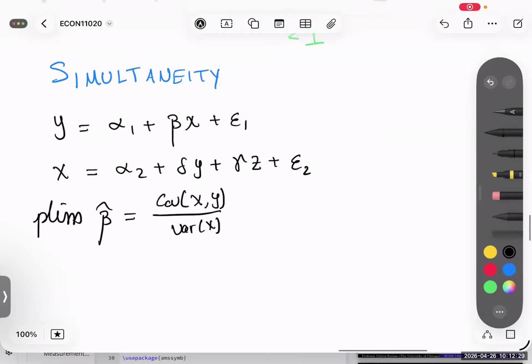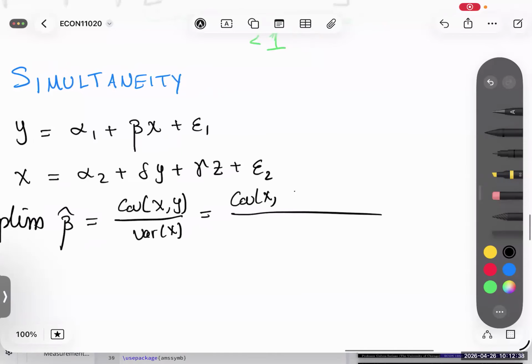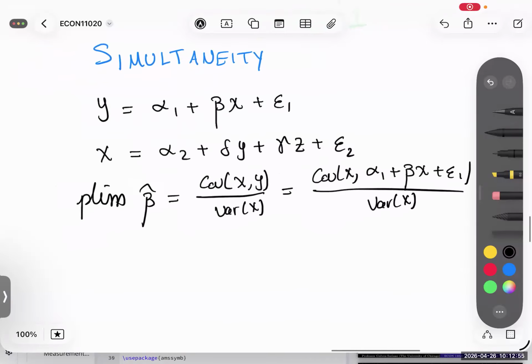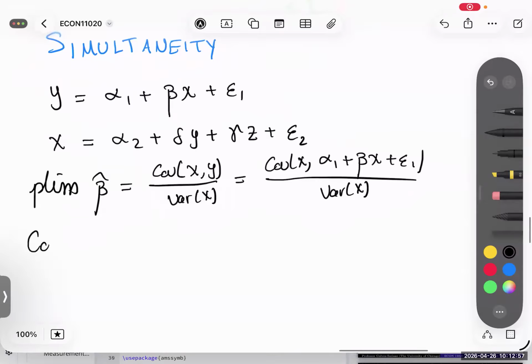But in particular, if you look at the numerator, this covariance is the covariance between x and the true model for y. The denominator is still the variance of x. Now let's work with the numerator only.